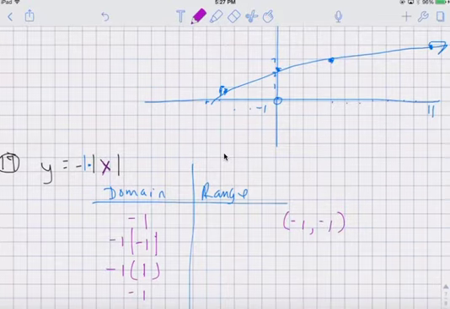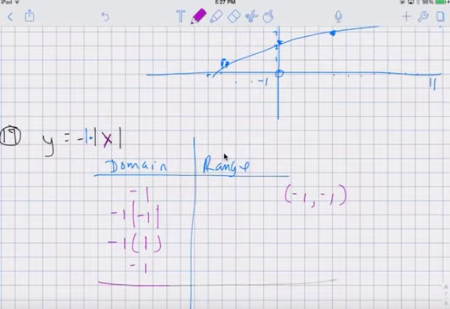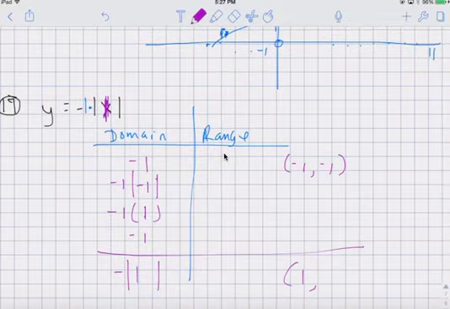So output is negative 1. What if our domain is a positive 1? Absolute value of 1 is 1 times that negative 1, you get negative 1.